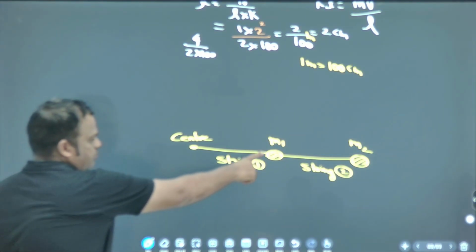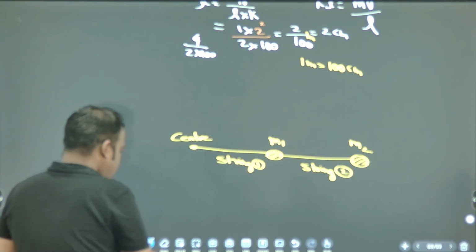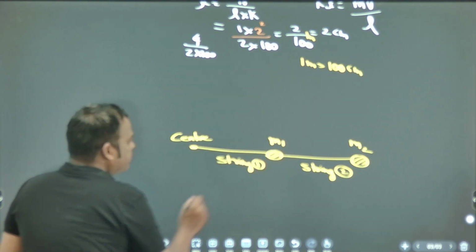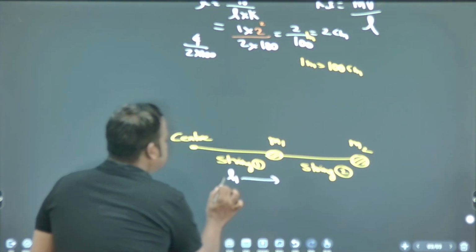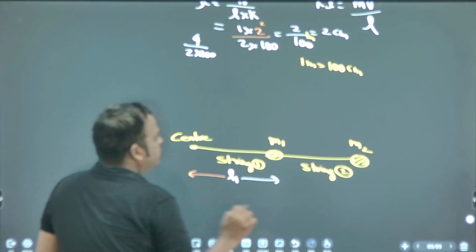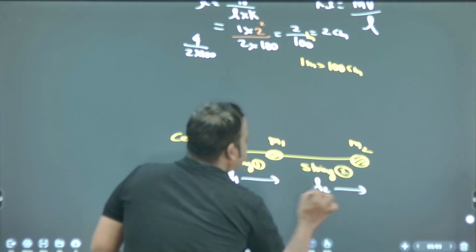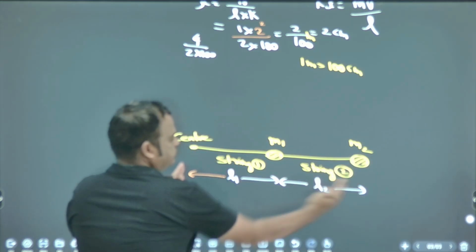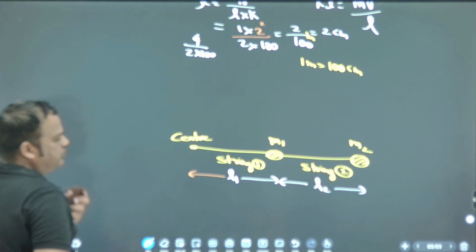Now, what is the radius of M1? Radius of M1, suppose L1. And what is the radius for M2? L1 plus L2. Very good.